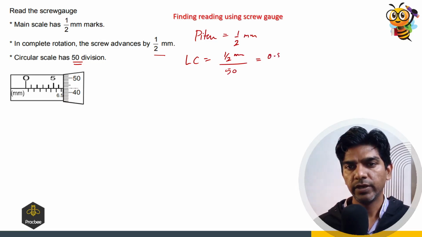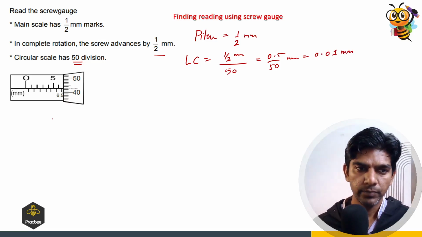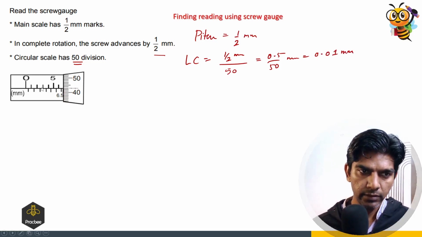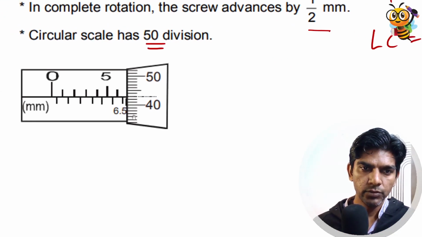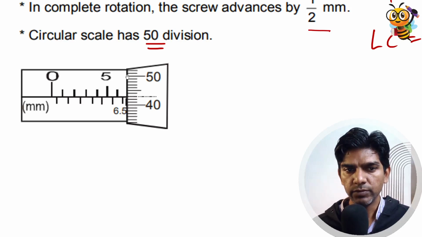So it is 0.5 upon 50, so it will be 0.01 millimeter. So we got the least count. Now let us find the reading. If you look at this diagram, the reading to the left of this vertical line is 6.5. So that will be the main scale reading.